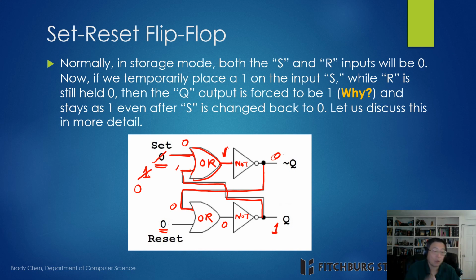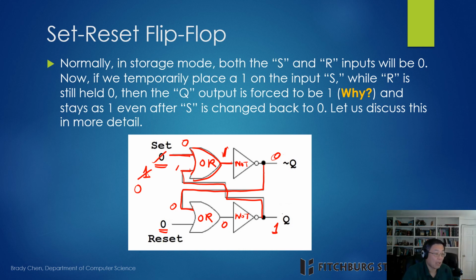So that means once you set the input value to 1, and then the output Q becomes 1, and then when we change the set value S back to 0, whatever value is stored in Q stays the same.